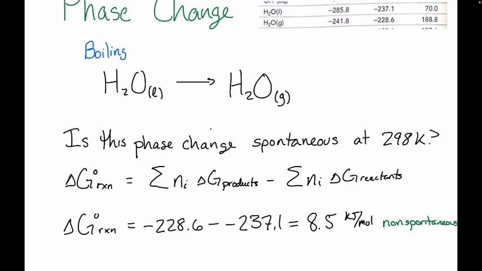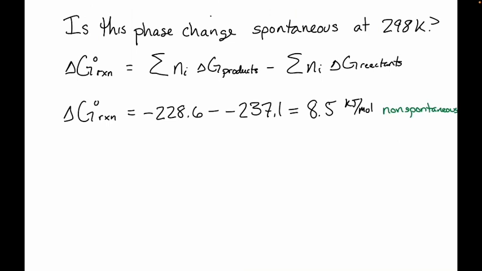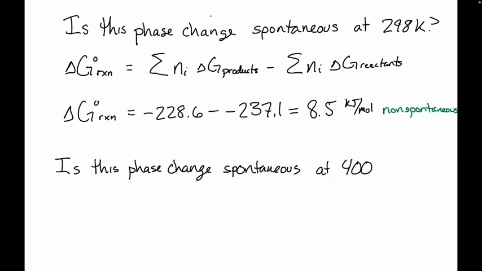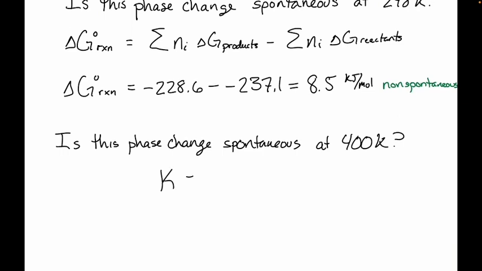Now let's ask ourselves, is this phase change spontaneous at 400 Kelvin? Let's remember Kelvin equals degrees Celsius plus that magic number, that 273.